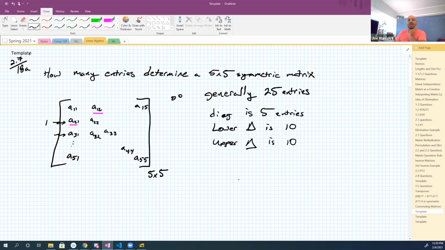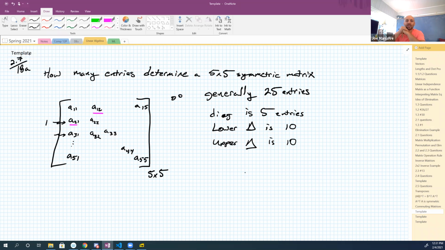And so how many entries does it take to determine a 5 by 5 symmetric matrix? What's the ultimate answer? How many entries are free?